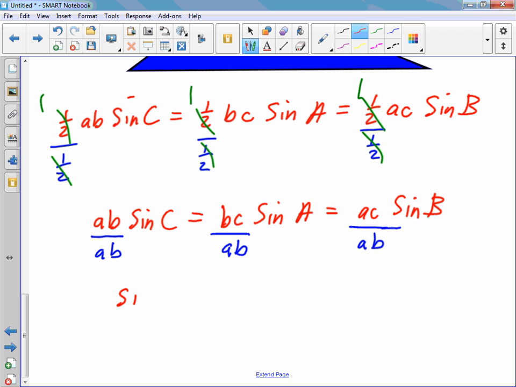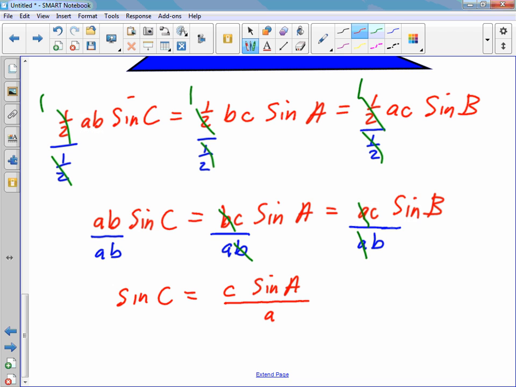Now we have sine C equals, ooh, help me out here. Be careful. What happens to the B's? They divide out, cancel. The A's divide out. We have sine C equals C sine A over what's left?